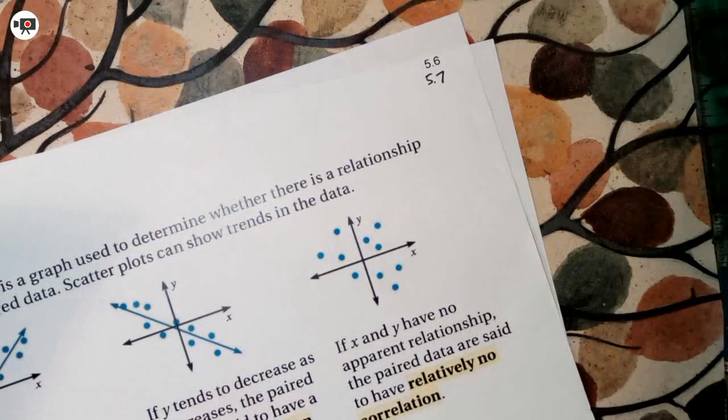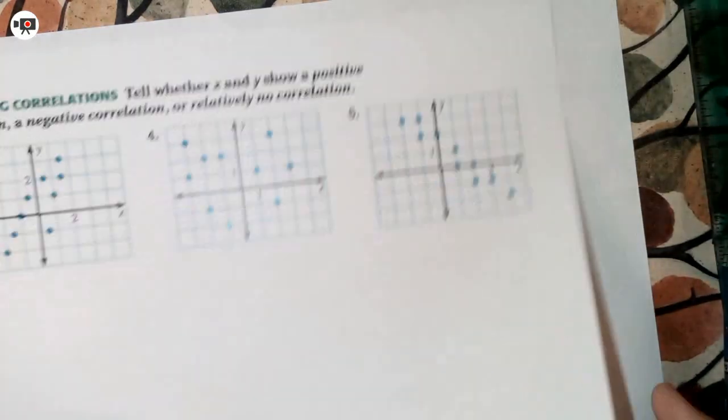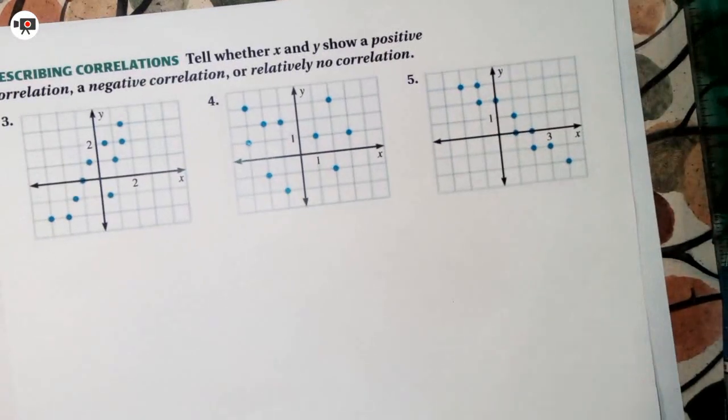Okay? So let's look at a couple of problems here, and you think about them a minute and say, well, is there a correlation here? If there is, is it a positive or a negative?